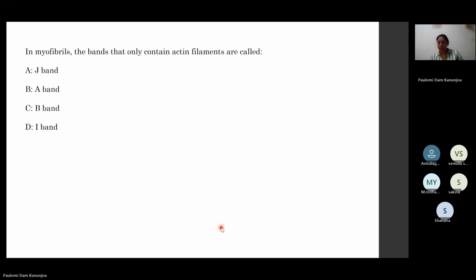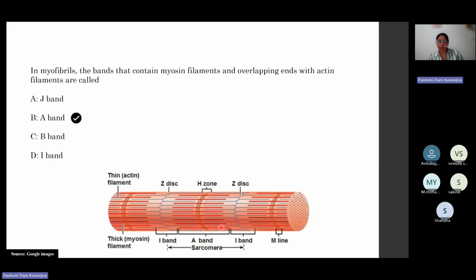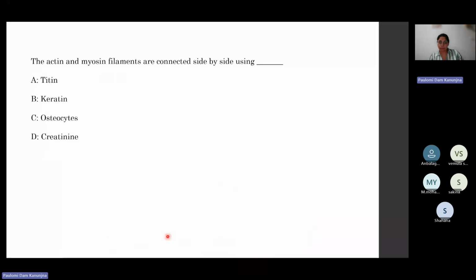Anyone else? Need any other option or with the same option? Okay, let's move ahead. I band. So if you remember, I band here has only actin filaments.